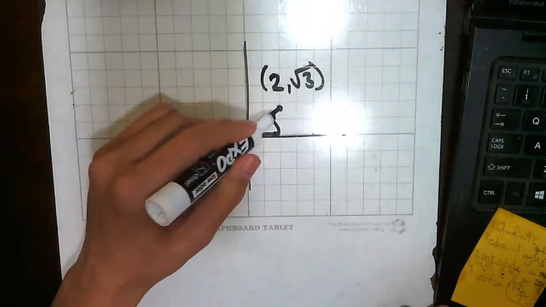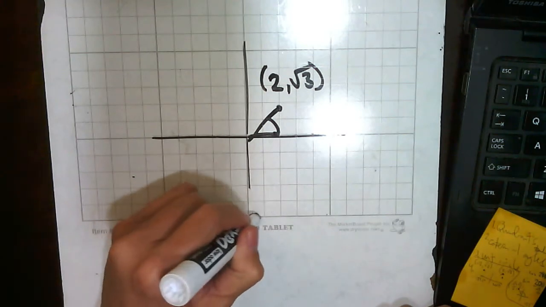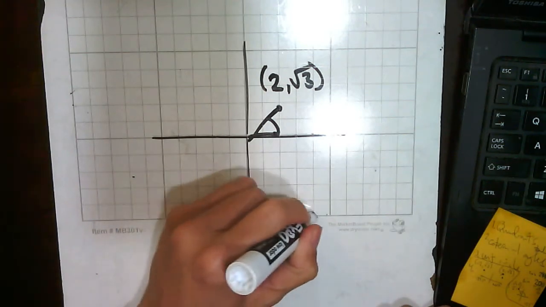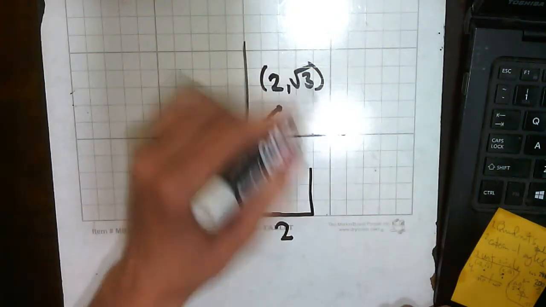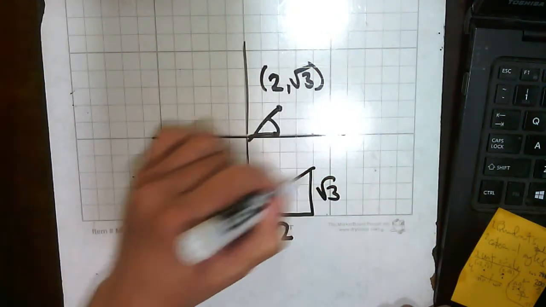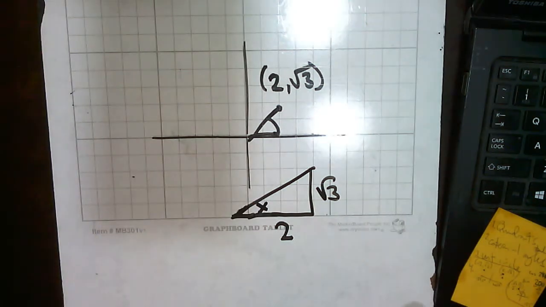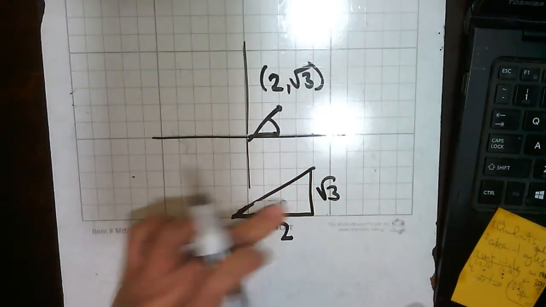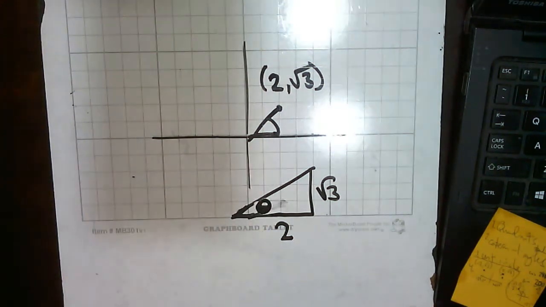So I'm going to redraw this as a triangle. 2 and radical 3 means I'm going to go 2 units to the right and up radical 3. So I have a triangle like this now. I'm not going to call this x because that's the x coordinate. Let's call this theta. They like using this for angles.